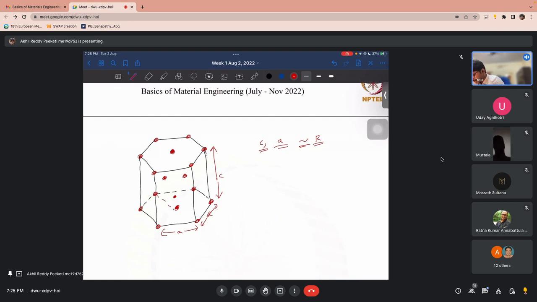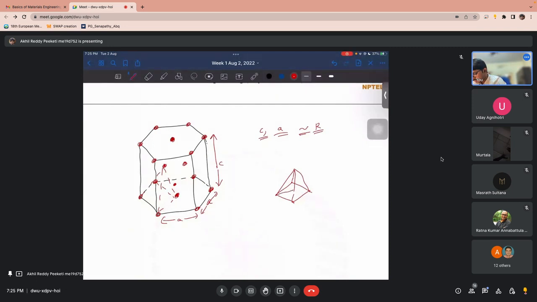So if you look at only this part, you will be forming a tetrahedral, with each side being A, and the height of this tetrahedral being C by 2.